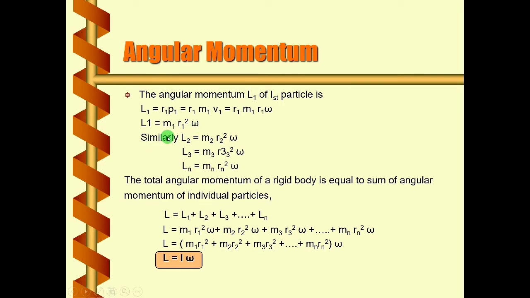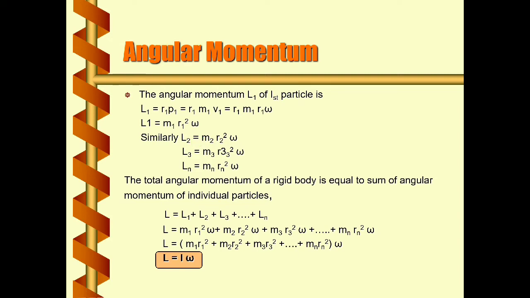Similarly, if we apply the same relation for all the particles, we can write for the second particle L2 equal to m2 r2 square omega, for the third particle L3 equal to m3 r3 square omega, and for the nth particle Ln equal to mn rn square omega. So these are the individual angular momenta of all the given particles.